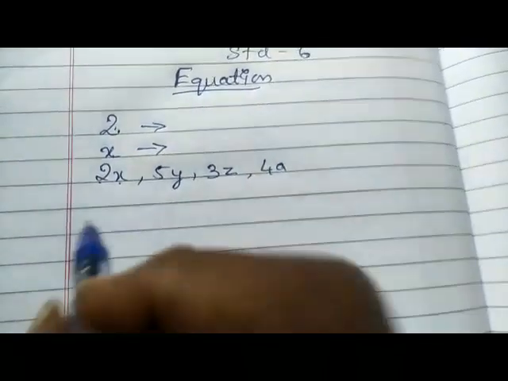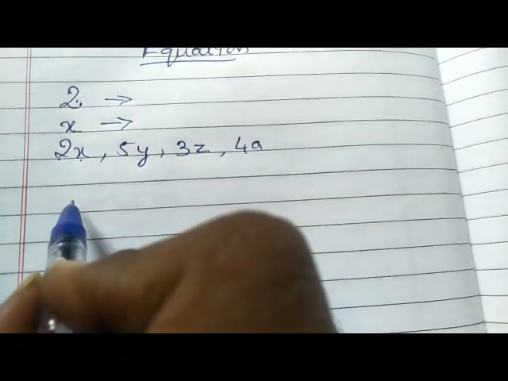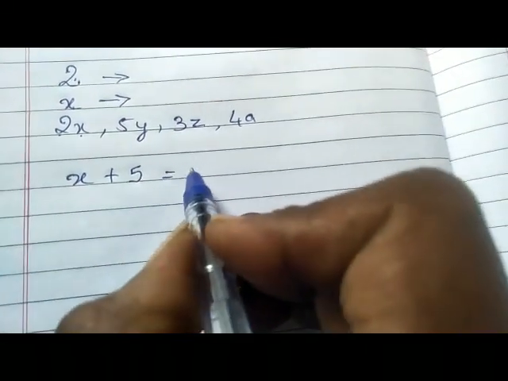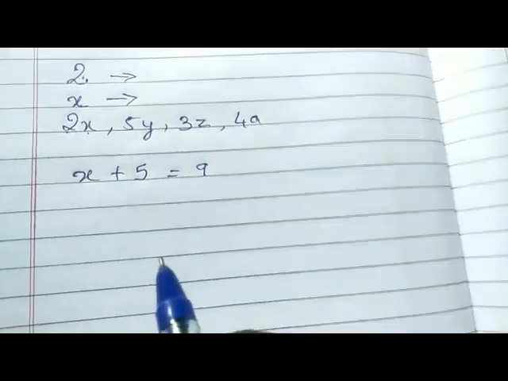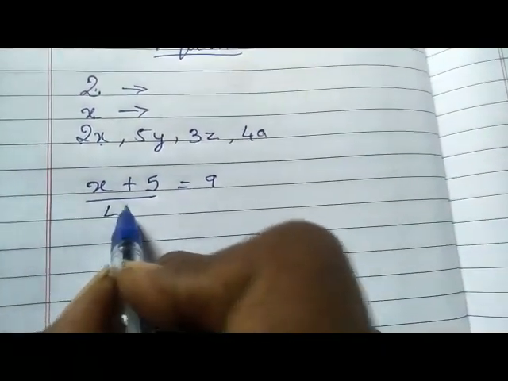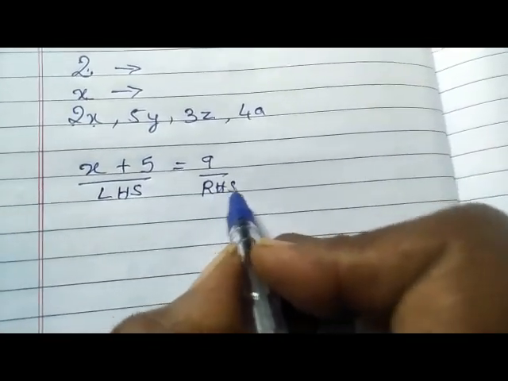Now let us learn the first equation. X plus 5 is equal to 9. Now this is the left hand side and this is the right hand side.